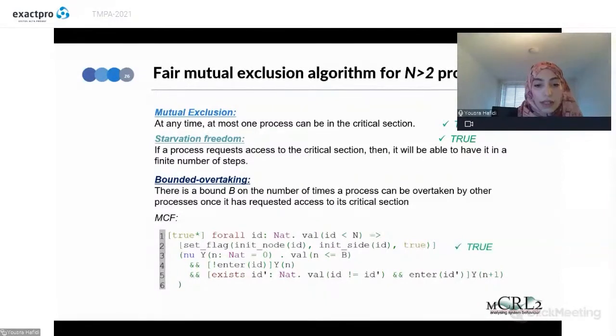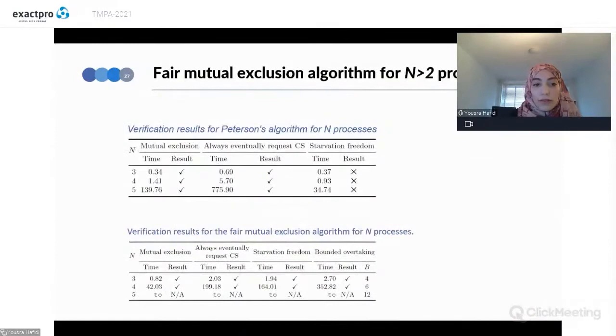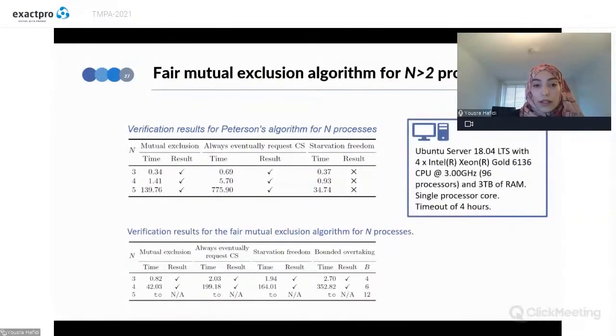And then we find that this property is also verified, and the bound for 3 processes is 4. We also verified for 3, 4, and 5 processes, and this is the result of our experiment.